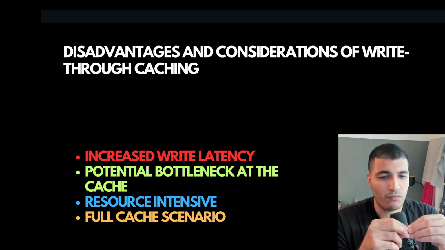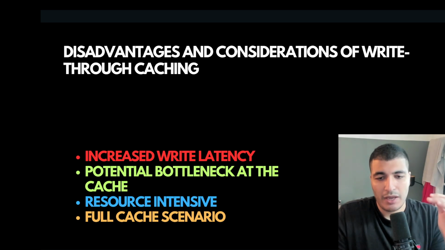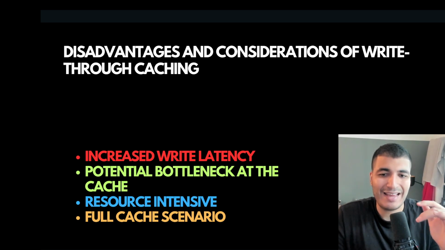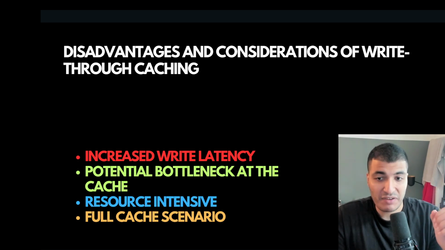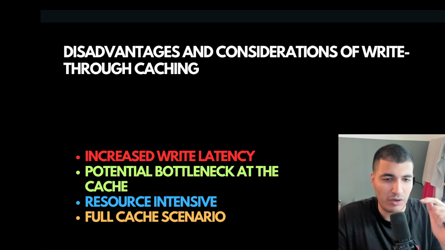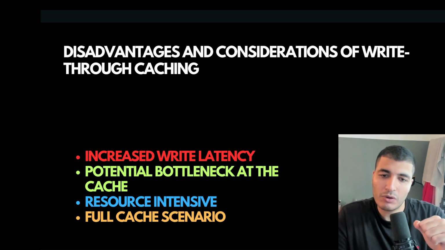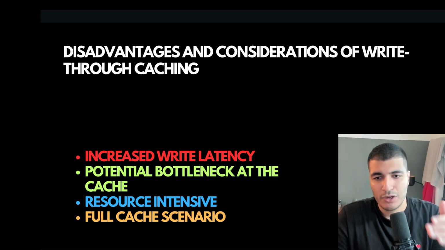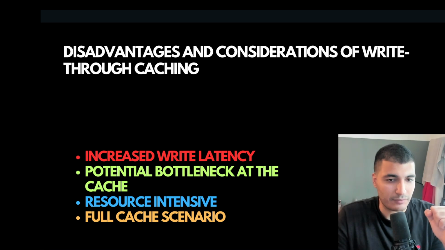Number four, full cache scenarios. If the cache is full and an item needs to be evicted to make space for the new write, the eviction logic adds another step to the write operation, potentially further increasing latency.